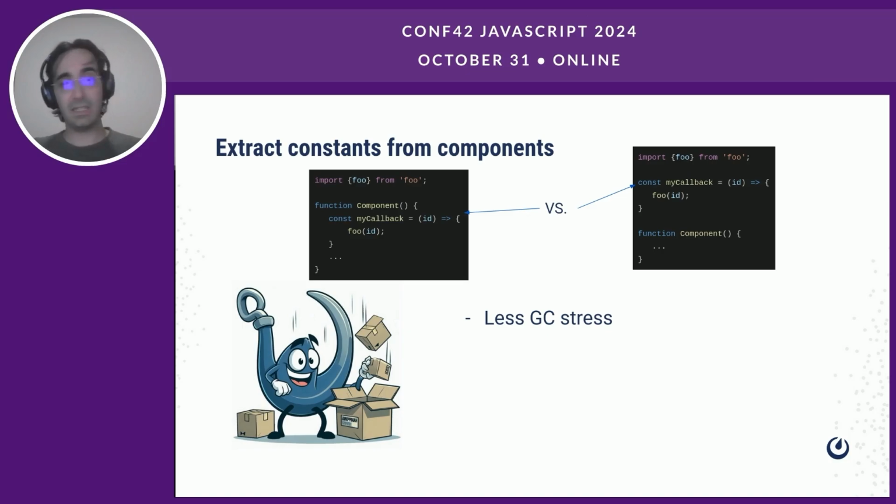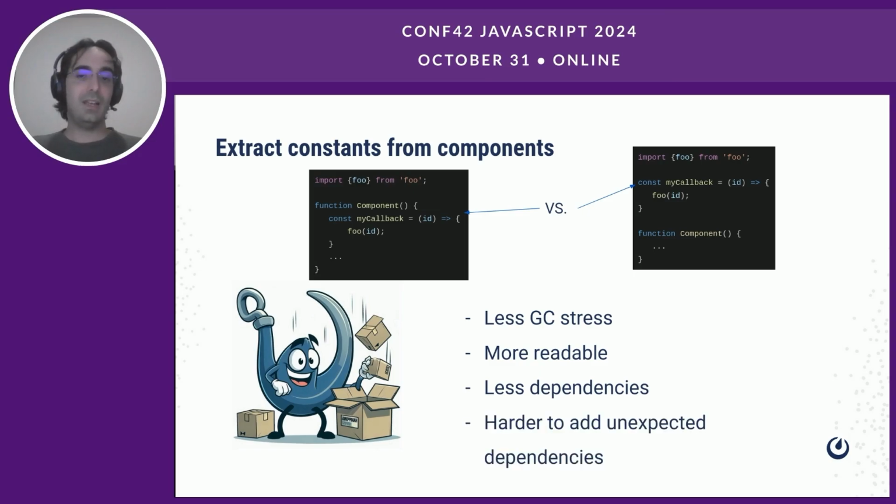Again, there's less garbage collector stress, it becomes more readable, and you add fewer dependencies. And better yet, it's harder to add unexpected dependencies. It's harder for someone to come tomorrow and change something in this function, and suddenly it becomes a dependency that you were not thinking about. So just take it out.